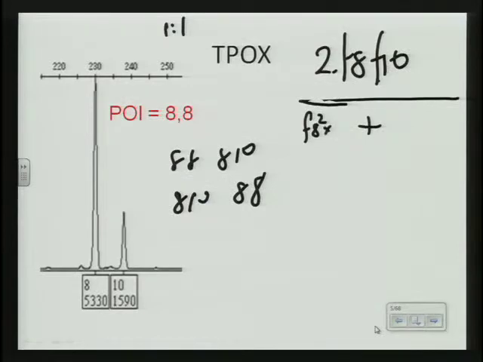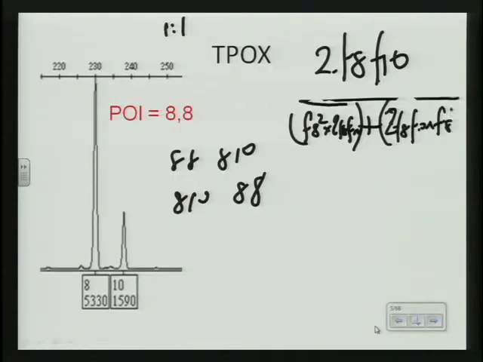And the first one is f of 8 squared times 2 f of 8 f of 10. Yeah, okay, John. The second one is 2 f of 8 f of 10 times F8 squared. Yes.